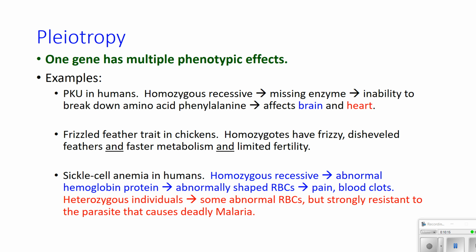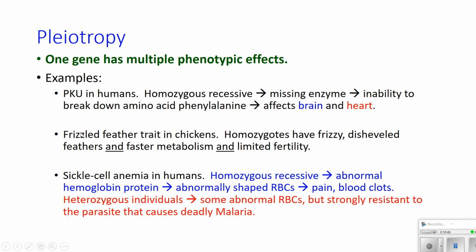They cannot break down phenylalanine, and it builds up to dangerous levels in the bloodstream. This causes many adverse effects on the brain, but it also affects the heart and the circulatory system. So it's one gene that affects more than one thing in the body. It has more than one phenotype that it impacts.